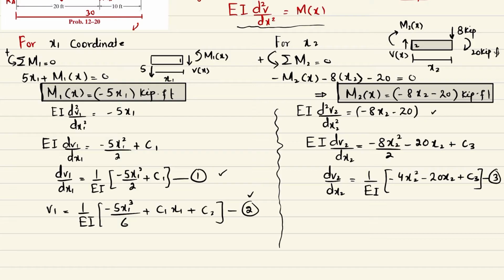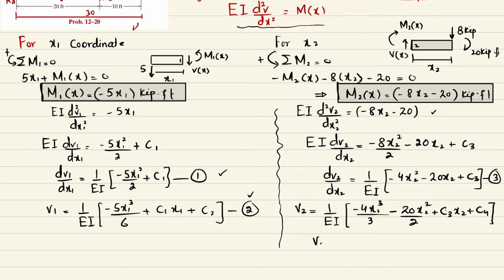Now again integrate equation number 3, and you will get v2 = (1/EI)(-4x2³/3 - 20x2²/2 + c3 x2 + c4).